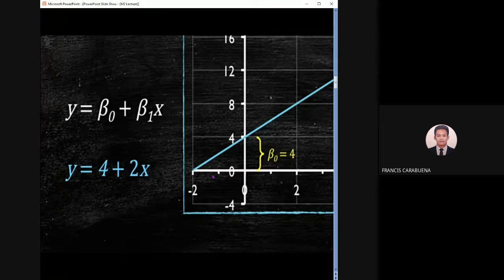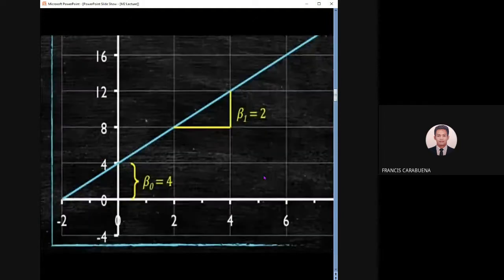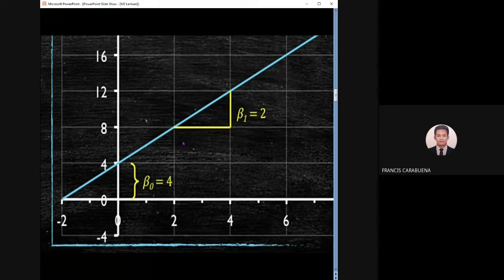And the slope in this case is a 2. It means that for every unit increase of x, y will increase 2 times as much. We see here that x increased from 2 to 4, while y increased from 8 to 12, twice as much.